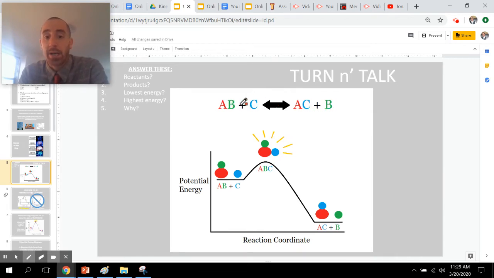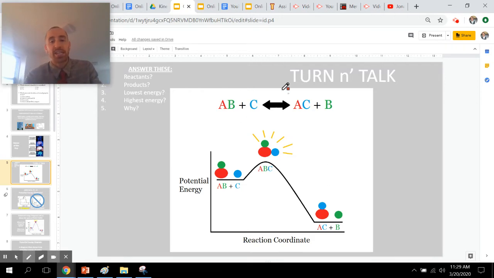So you have AB plus C turning into AC plus B. What kind of reaction is that? That's right, it's a single replacement reaction. So you have AB and C separate, forming AC plus B, but the reverse can happen. AC and B by itself can go back into AB plus C. So it's a two-way reaction.